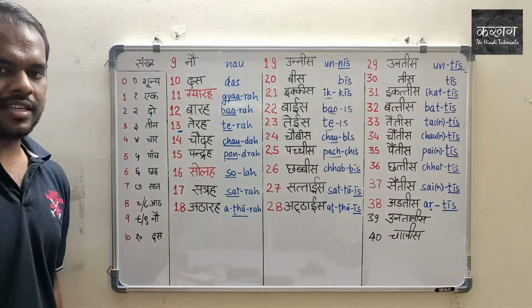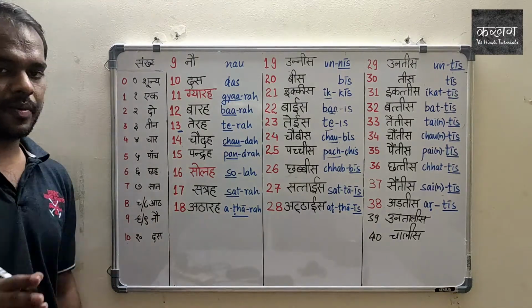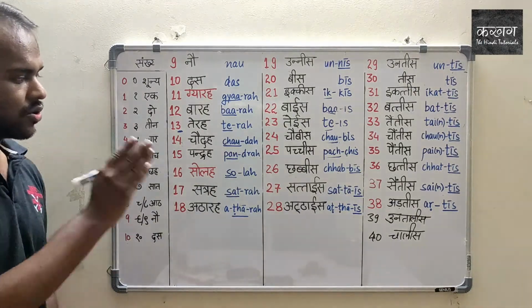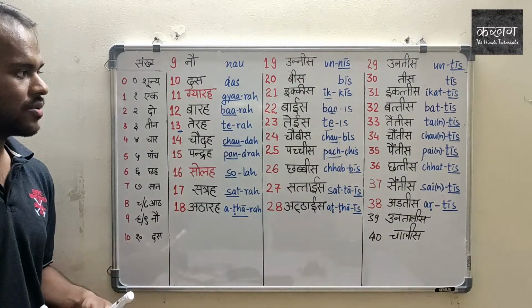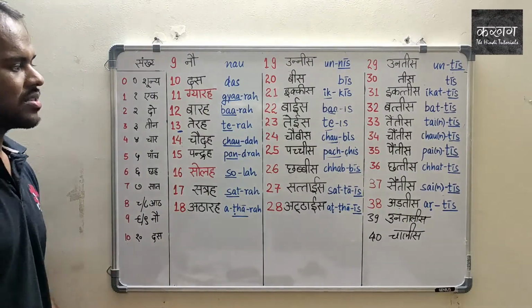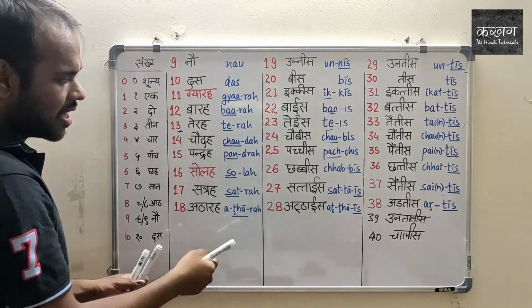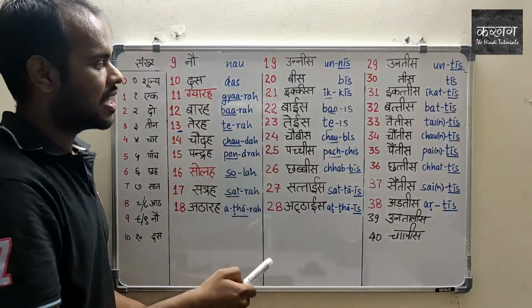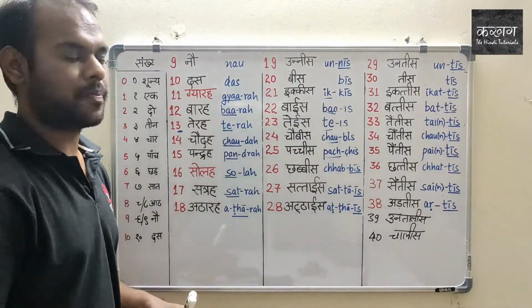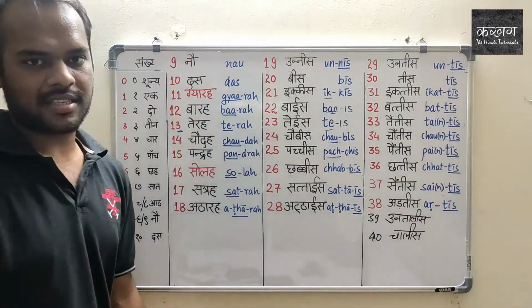So here we finished this lesson in which you learned how to pronounce the numbers from 0 to 40 and how to remember any number without memorizing them, because the beginning part of the number depends upon the number in the units place, and the ending part depends upon the number in the tens place. Okay?